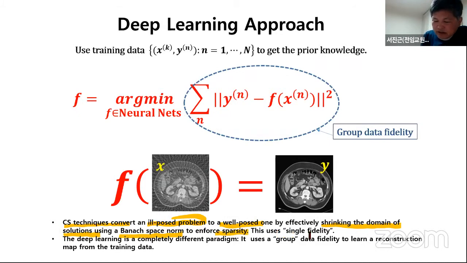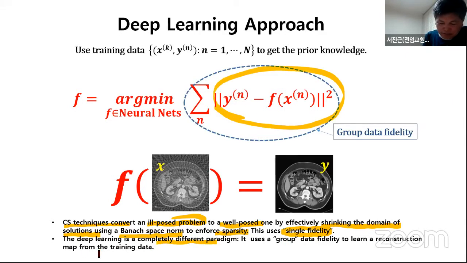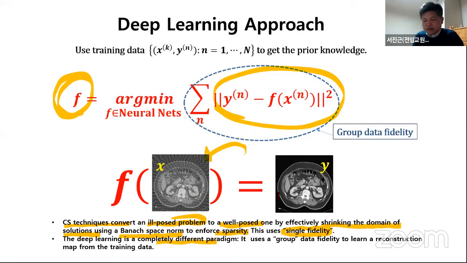This uses, and here I emphasize, single fidelity. But deep learning is a completely different paradigm. It uses group fidelity to learn the reconstruction map from the training data. They learn the reconstruction map, and then you put in the input data and it reconstructs. That's the deep learning approach. So these two approaches are completely different paradigms.